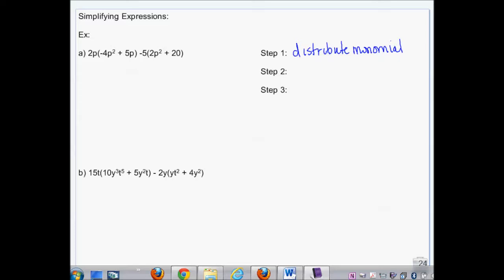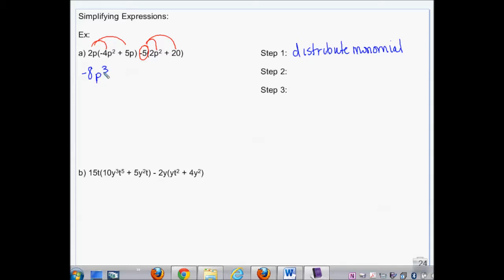Now, this one's so easy. That's 2p. So I'm just going to multiply 2p times both of those. But here it's -5. So I'm not going to multiply 5 times both. I'm going to multiply -5. So this minus has to stay with that 5. So be really careful of that. So when I distribute in, I get 2 times -4, so that's -8 p to the 3rd.